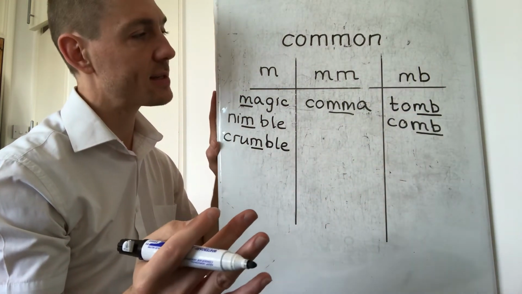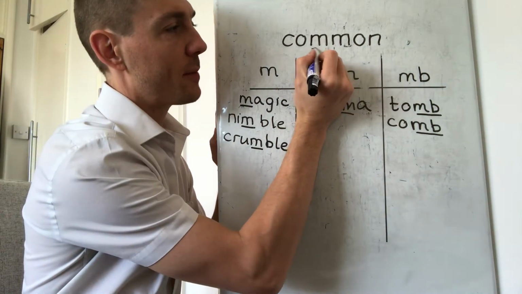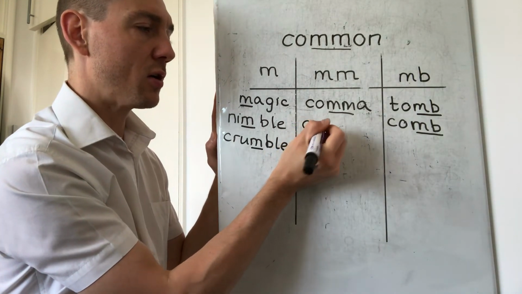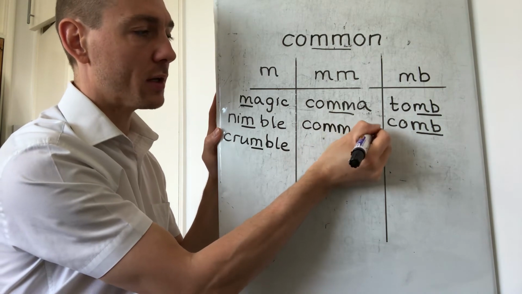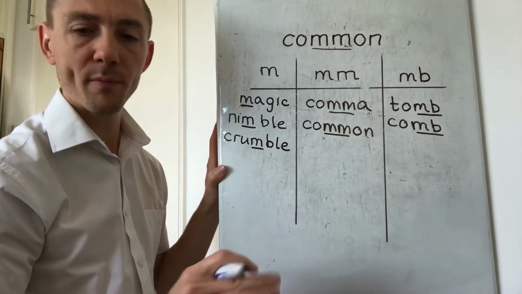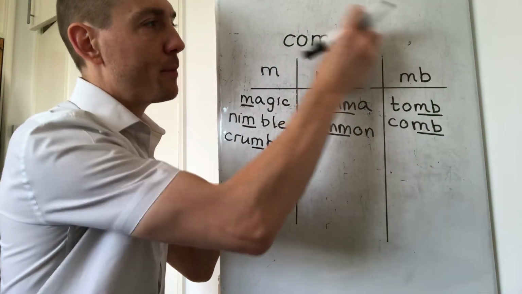Build the word into the table. We have the double M spelling, don't we? Well spotted. So we can say k-o, ko, mon, common. Okay. Moving on to the next part.